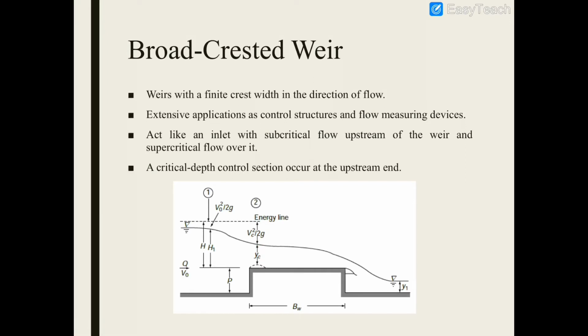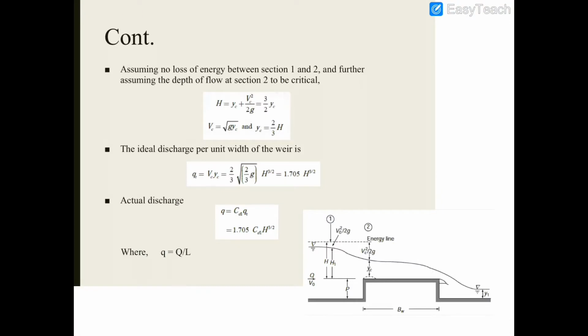Now let's consider the two sections, section 1 and section 2, and we are assuming that there is no loss of energy between these two sections, and further assuming that the depth of flow at section 2 is critical.